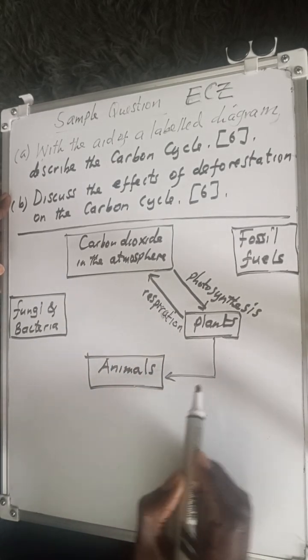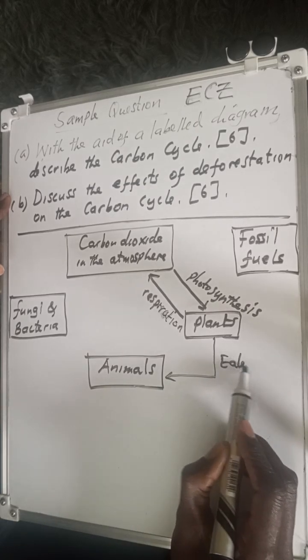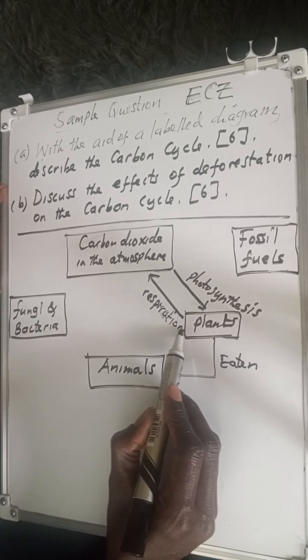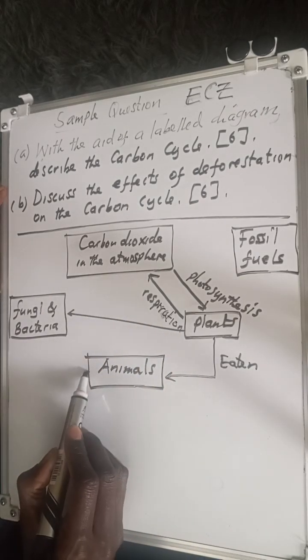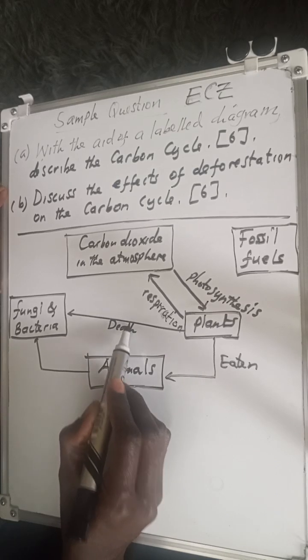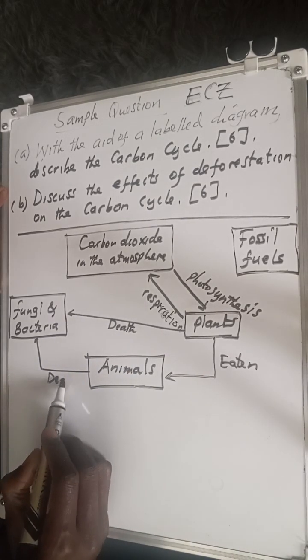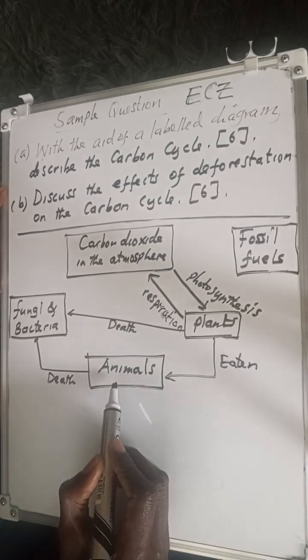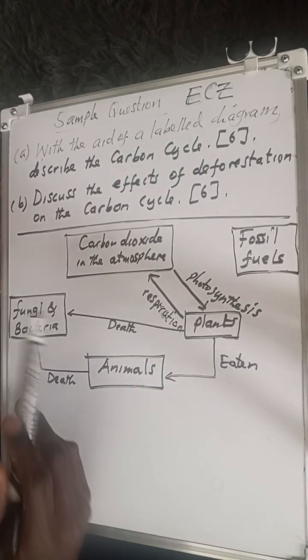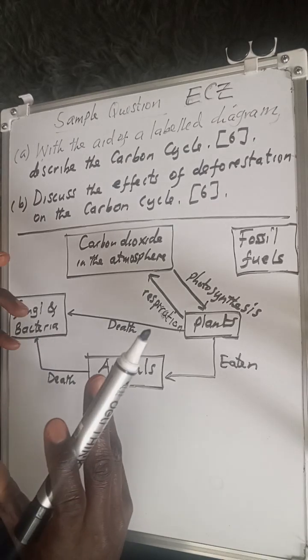Plants can actually be eaten by animals that we call herbivores. But at some point, plants are going to die. Animals can also die. Therefore, there I can say there could be death of both plants and animals. But when both plants and animals die, it simply means that their dead bodies, fungi and bacteria will start working on them.